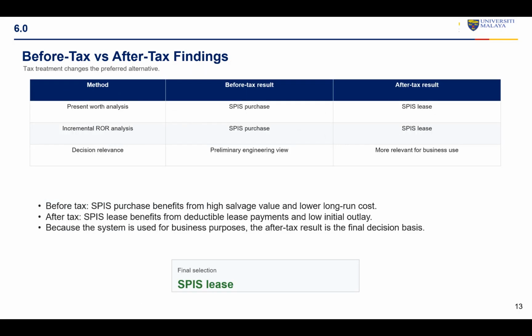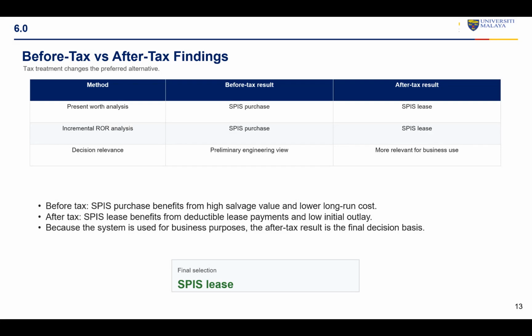Before tax and after tax analyses lead to different recommendations. Before tax, both the present worth and incremental ROR recommend SPIS purchase. After tax, both methods recommend SPIS lease.